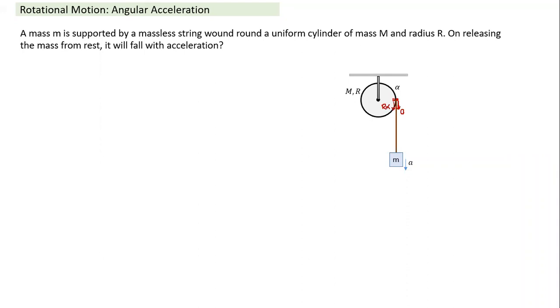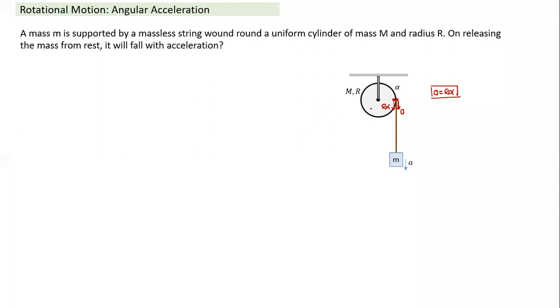So this point on the drum has a linear acceleration of R alpha, and the point on the string has an acceleration of A. Both have to be equal. So A and alpha are related: A is equal to R alpha. This is based on no slipping at the point of tangency.